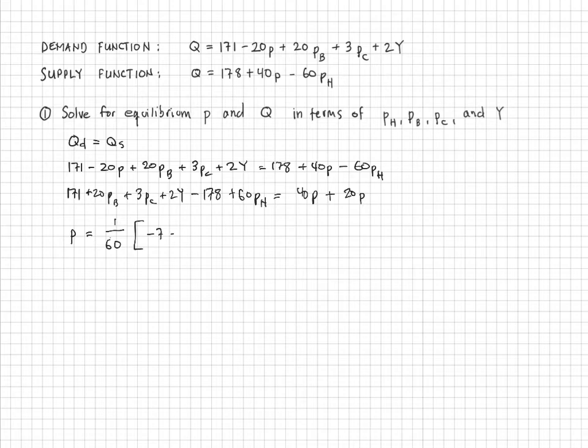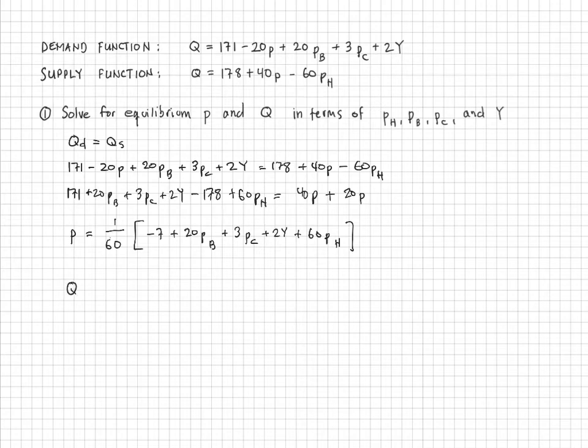And then we have plus 20pb plus 3pc plus 2y plus 60ph. I can just leave it like this. Obviously, I could multiply through with 1 divided by 60, and in some ways that might make it a little bit easier. But we can also just leave it like this, and then we are sure to not make any mistakes.